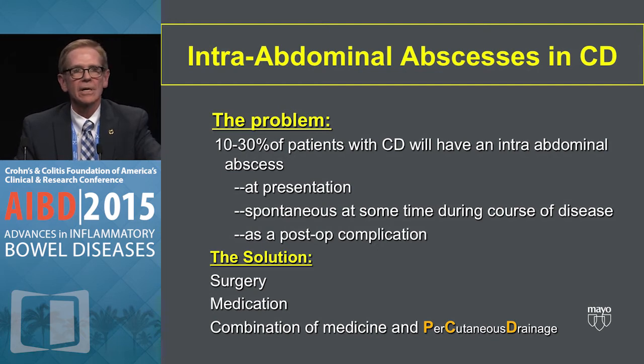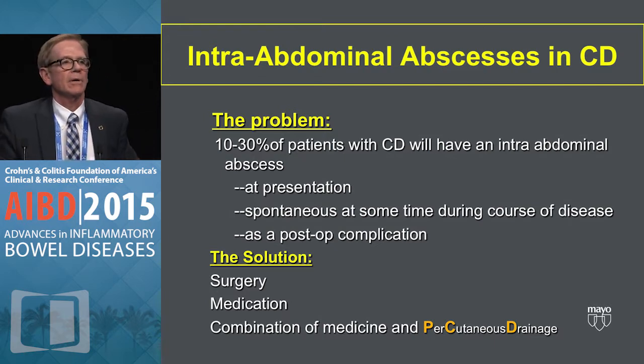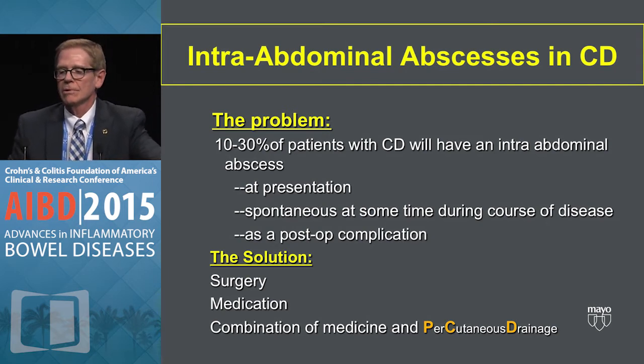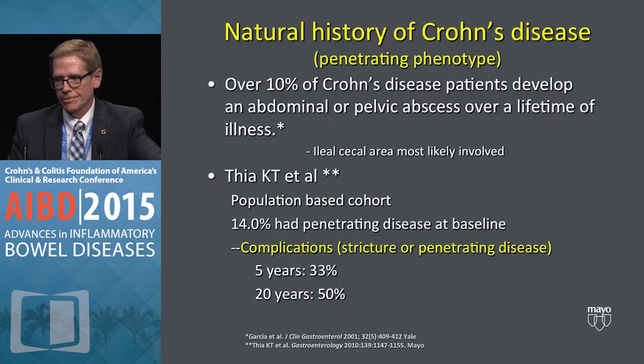It'll either be at the presentation of their disease, spontaneous at some point during the course of the disease, as a postoperative complication. The solution, simply put, surgery, medication, or a combination of an aggressive medical approach and PCD, or percutaneous drainage.